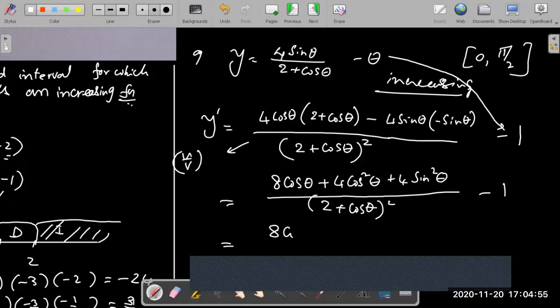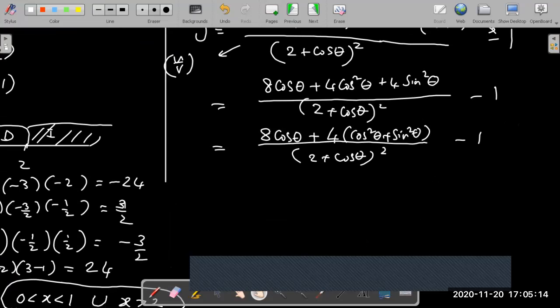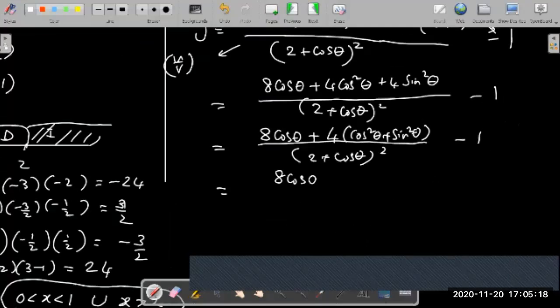So 8 cos theta plus 4 into sin square theta plus cos square theta, which is 1, divided by 2 plus cos theta whole squared minus 1. So this is 8 cos theta plus 4 divided by 2 plus cos theta whole squared minus 1.